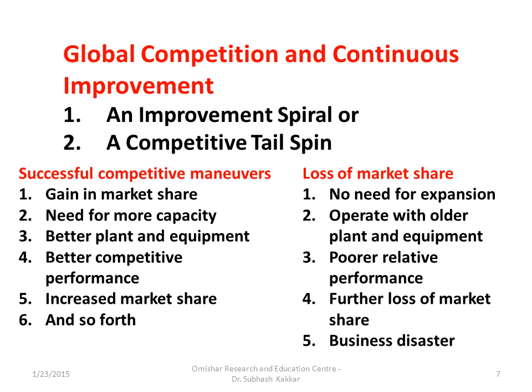There are two different ways of operating the organization. Of course, the first one is better, which says that we should enter into an improvement spiral rather than go into a competitive tailspin. First one is an improvement spiral, and the second one is a competitive tailspin.